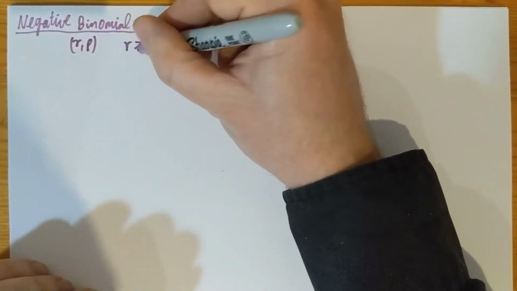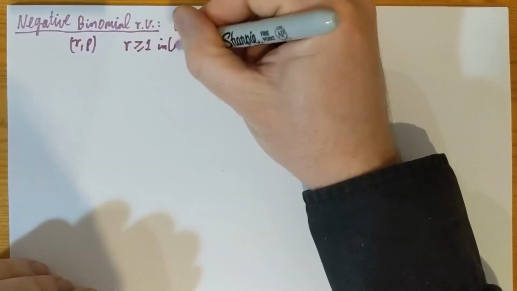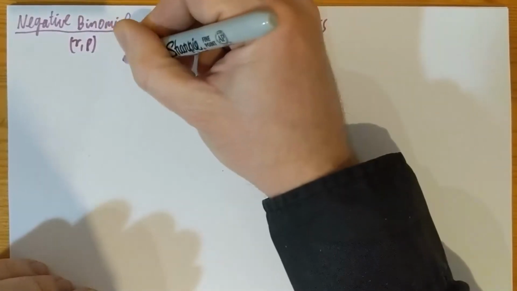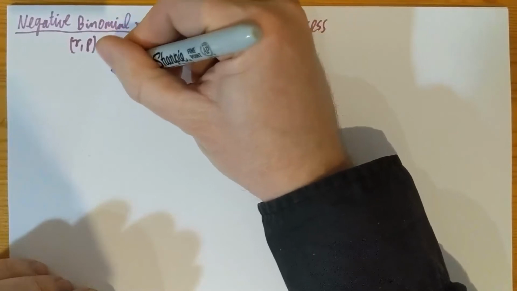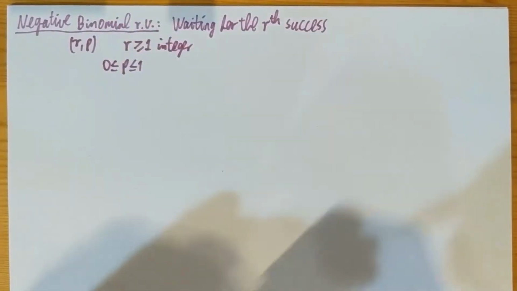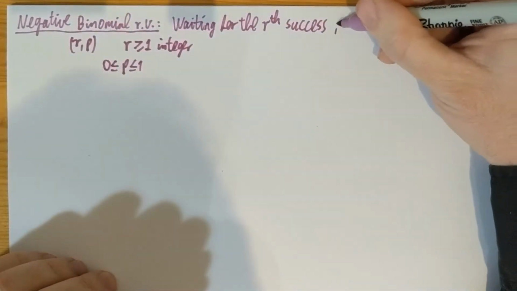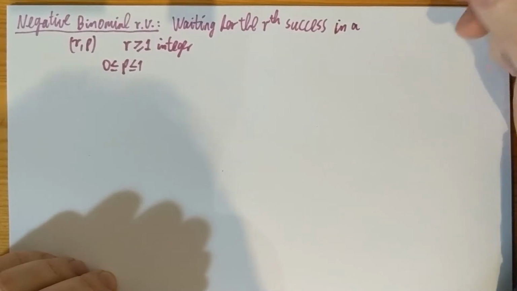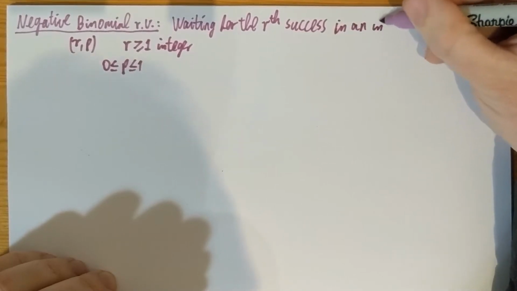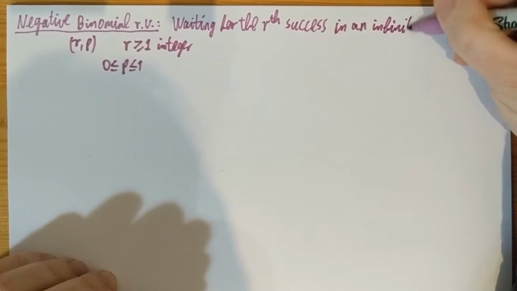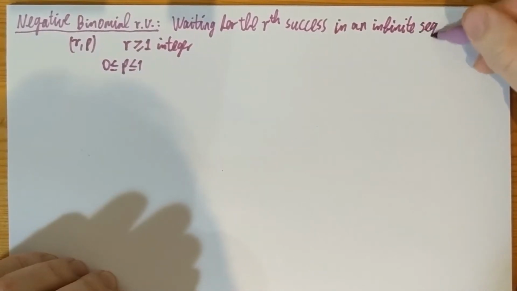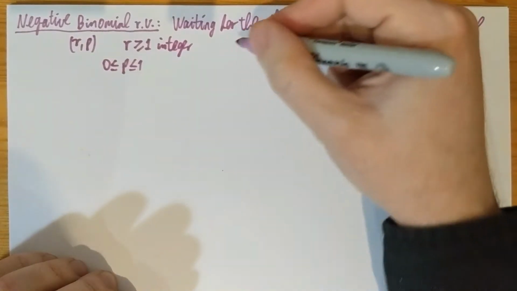R is a positive integer, P is a probability, and we have an infinite sequence of independent trials.